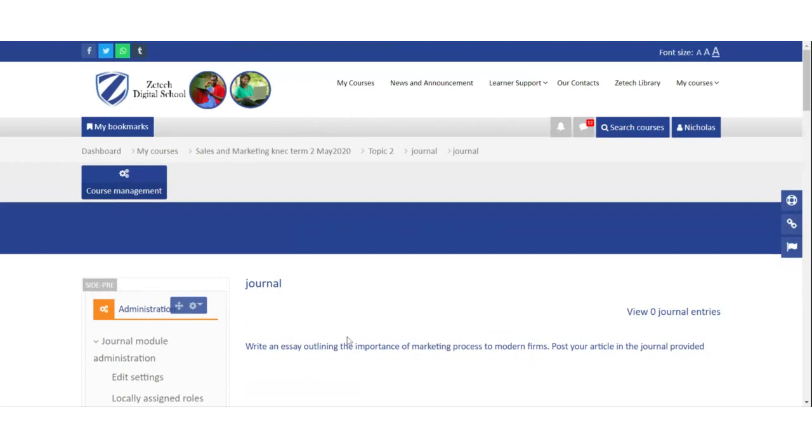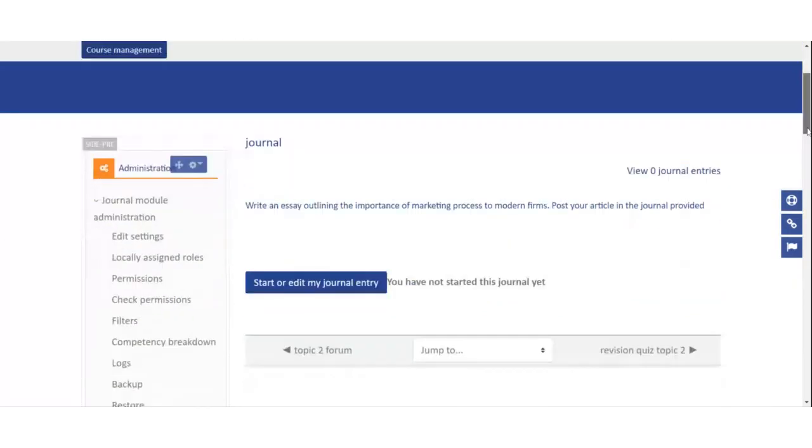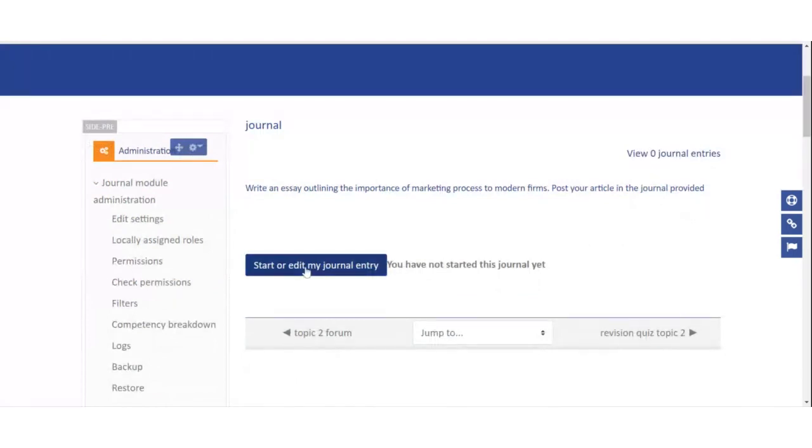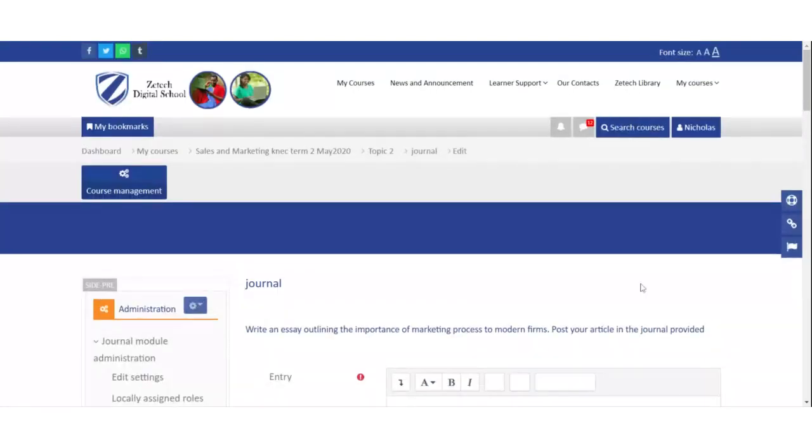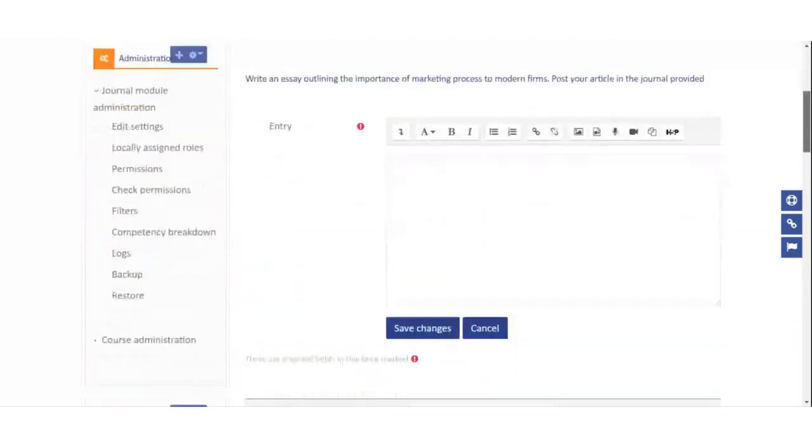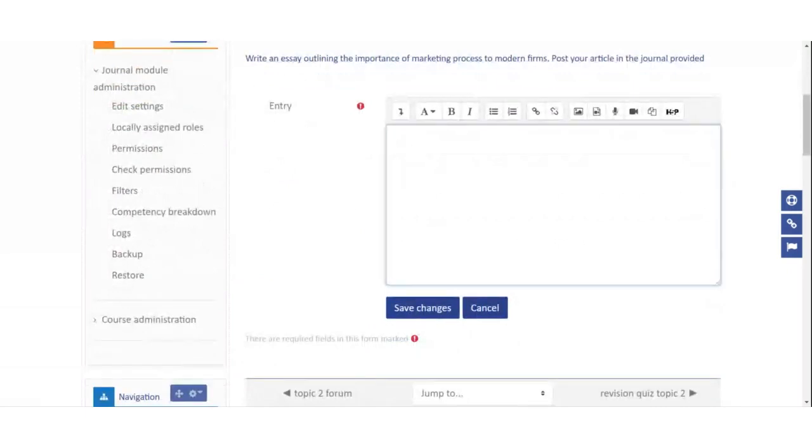Write an essay outlining the importance of the marketing process to a modern farm. You remember the marketing process? So you will come and click here, and you'll find an empty space where you can write. Then you save changes.